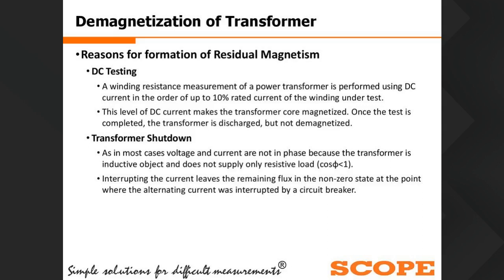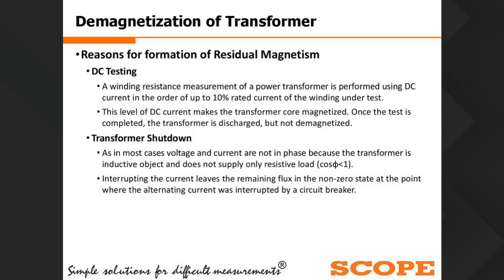Because of that, some residual magnetism will be there, as we are injecting up to 10% of rated current in the winding. This level of DC current makes the transformer core magnetized, and once the test is completed, the transformer is discharged, but the transformer is not demagnetized because some residual flux will be there, and that we need to nullify.